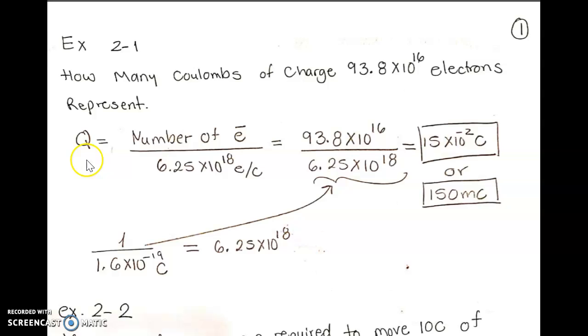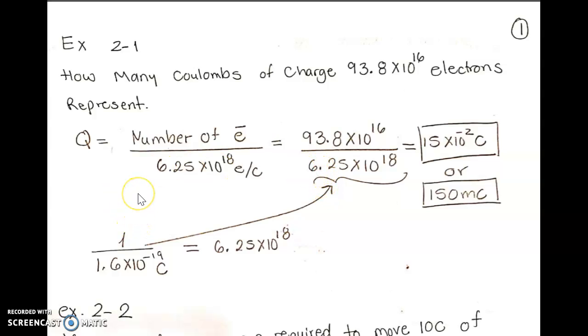We are going to use this formula that says charge is equivalent to the number of electrons divided by 6.25 times 10 to the 18 electron charge. So we just write down the number of electrons that are given to us and copy the same number. Where do we get this number from?